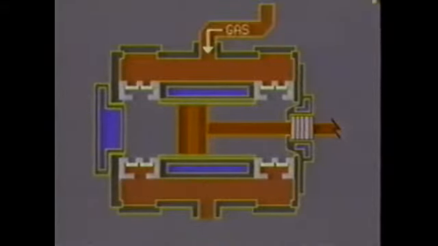A suction line connects the compressor to the gas source. Gas is drawn into the cylinder from the suction gas jacket through the suction valves. The compressed gas is discharged through the discharge valves into the discharge gas jacket. The discharge line connects this compression unit to the next unit or pipeline.